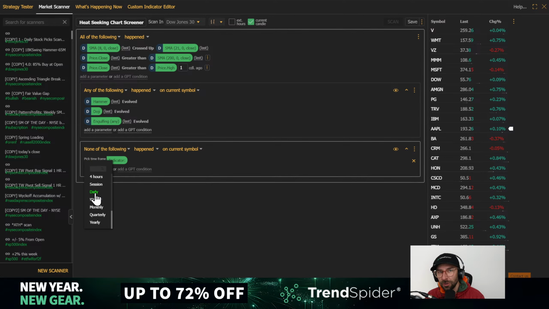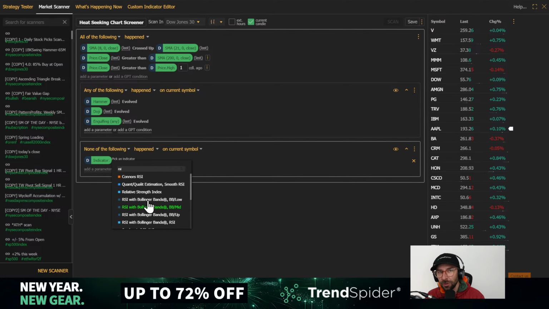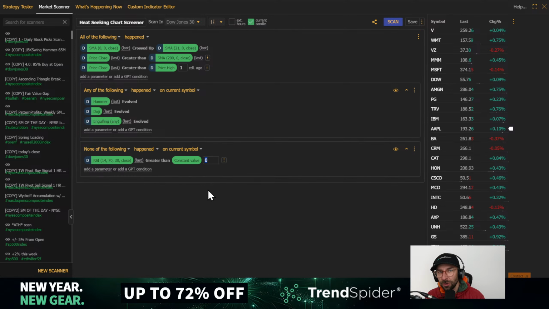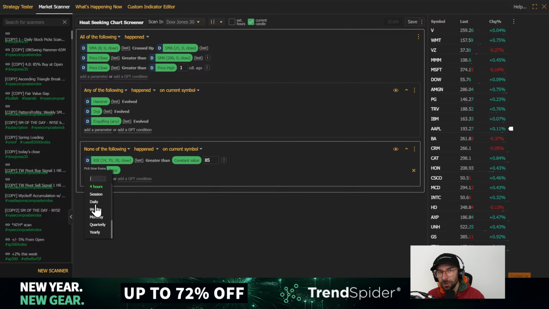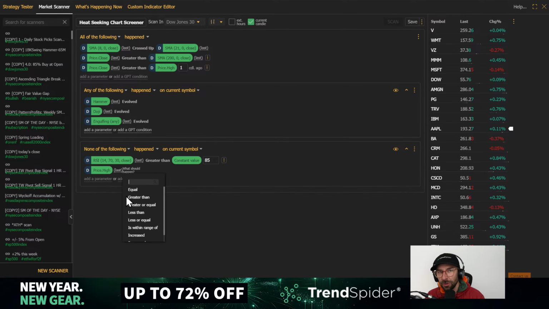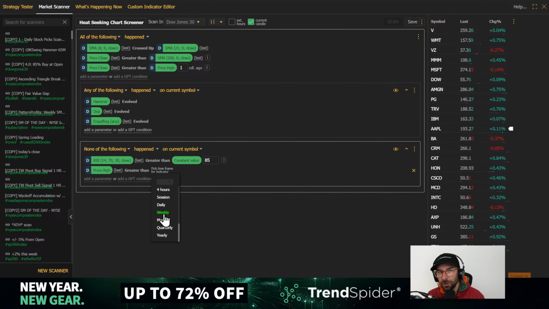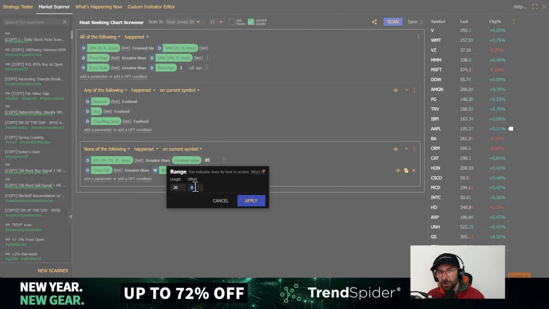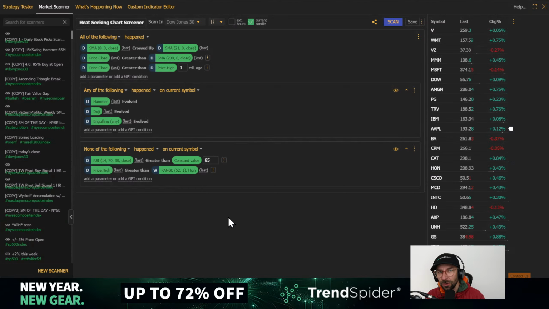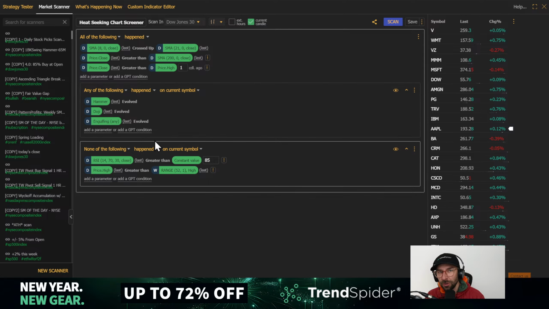And again, I'm going to say daily RSI is greater than a constant value of 85. I'm going to say daily price high is greater than indicator weekly range high. I'm going to offset this by 1, make this 52 weeks, and say apply. And so now I have two unique condition groups, and they're both being applied to this all the following condition ultimately.